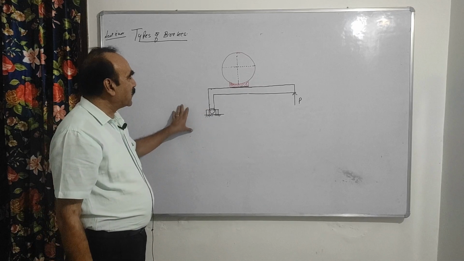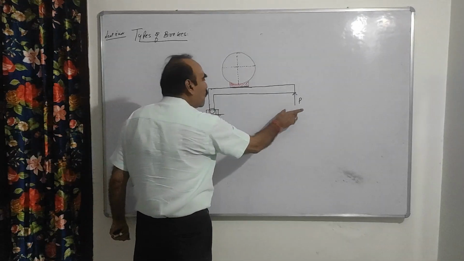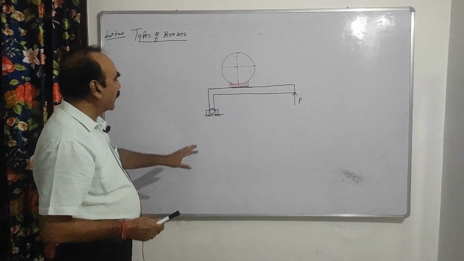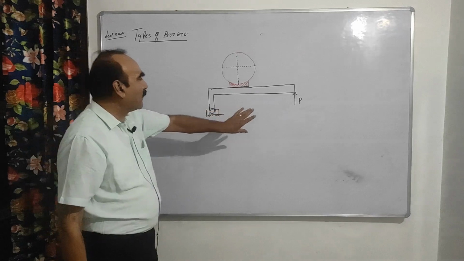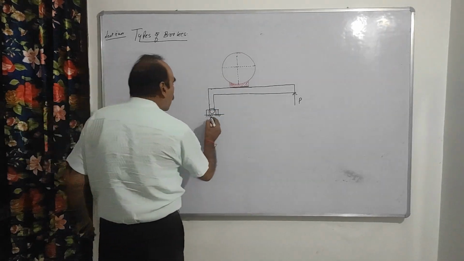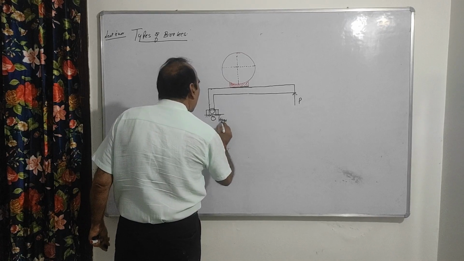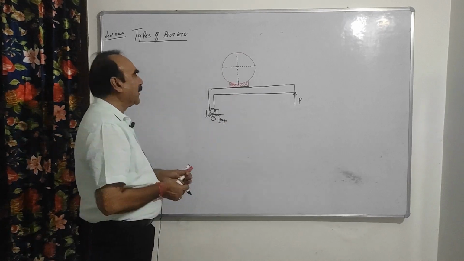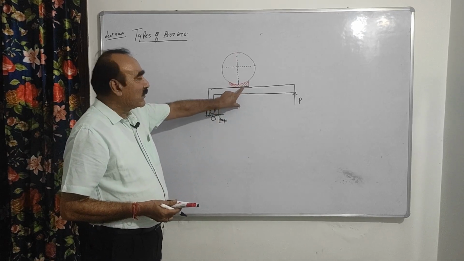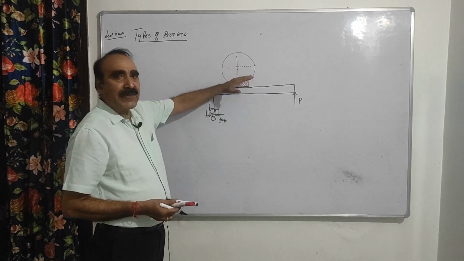For this purpose, when we apply the force on the lever, the lever will rotate about its hinge. This is your O. The lever will rotate about the hinge, and this shoe will attach with the rotating drum.